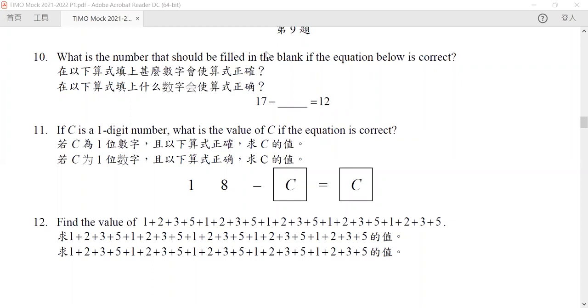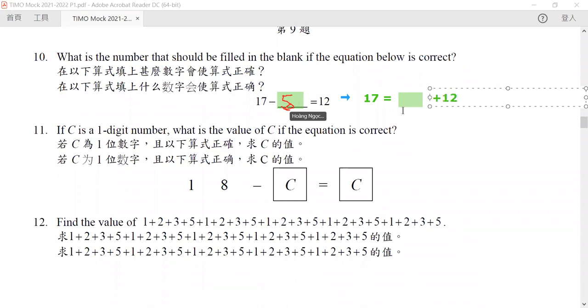So we have our 17 minus this number. Now this number, we do not know what it is, right? But again, we can rearrange it. We can rewrite it as follows. Our 17 is equal to our number plus 12.